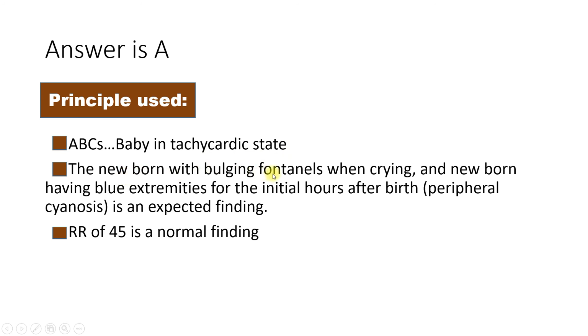The newborn with bulging fontanelles when crying, and a newborn having blue extremities for the initial hours after birth, which we call peripheral cyanosis, are unexpected findings, and a respiratory rate of 45 is a normal finding in a newborn, whereby we expect the respiratory rate to be around 30 to 60, so 45 is no issue to cause any alarm.